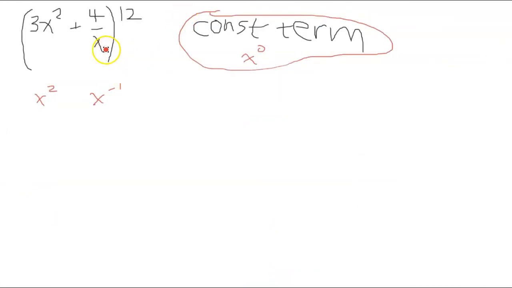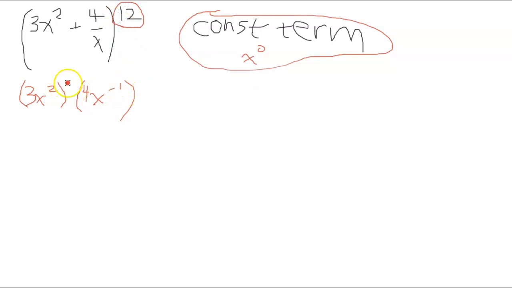But on this slide, x to the -1 is going to take away powers. So what you want to do is figure out what power of 3x squared would balance out powers of 4x to the -1. And of course, you've got to split up the 12 powers.